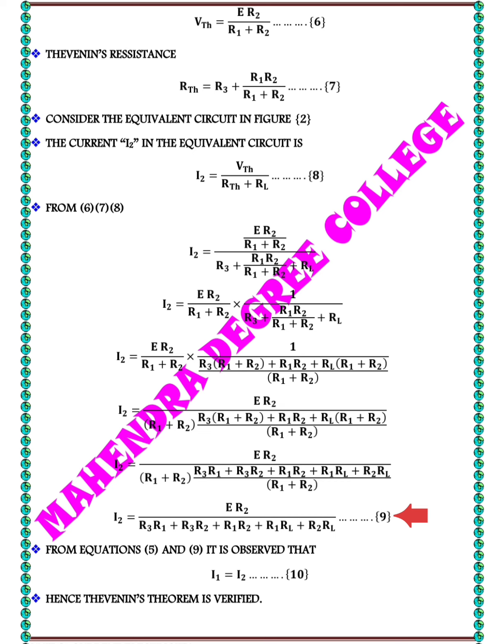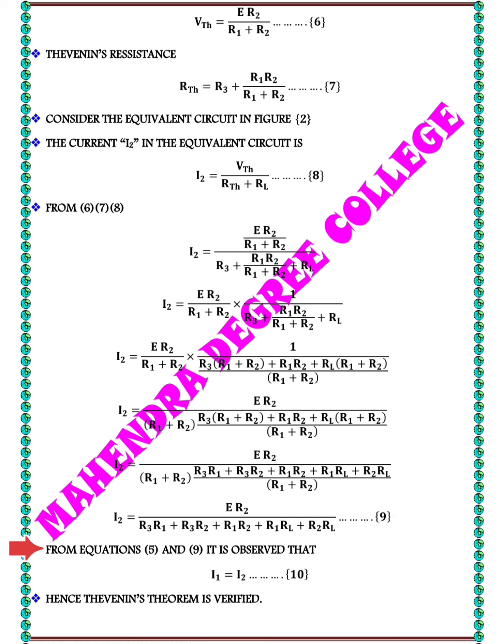Finally, I2 equals ER2 by R3 R1 plus R3 R2 plus R1 R2 plus R1 RL plus R2 RL. This is equation number 9. This is a simplified and expanded expression for the branch current I2.